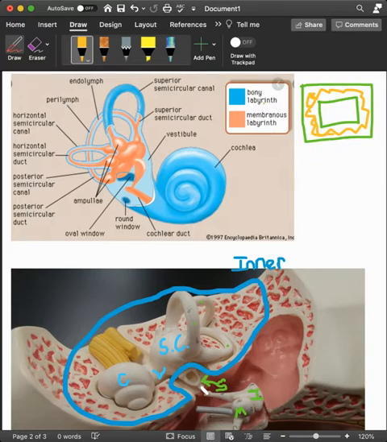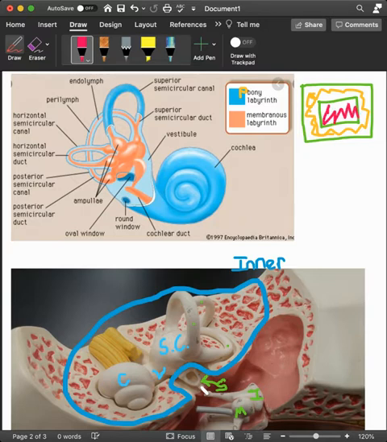So bony labyrinth has perilymph, so I like to think of it as PB, like peanut butter. Then inside the membranous labyrinth, you have another fluid, which is called endolymph.